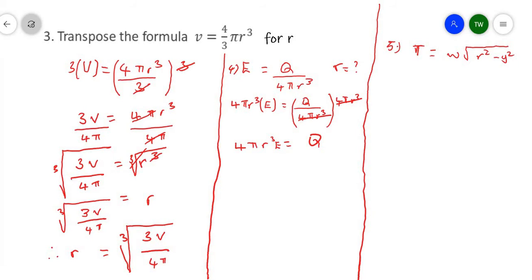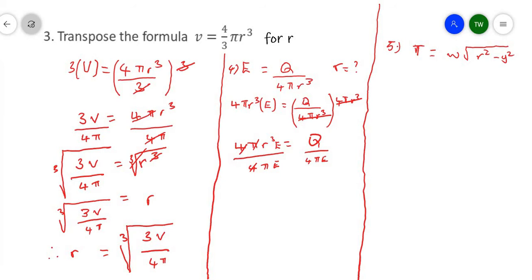Now, remember that the subject that we want is R. So when you look at R cube, what is happening to R cube? R cube is being multiplied by 4, by pi, and also by E. So we can transfer 4 pi E to the other side of the formula by doing the opposite, which is to divide both sides by 4 pi E. Now, you notice that 4 in the numerator will cancel out 4 in the denominator.